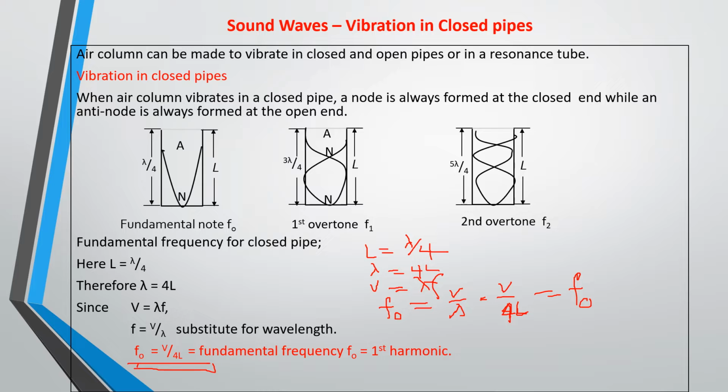Then for the first overtone or second harmonic, the length of the pipe is equal to 3 all over 4 of the wavelength. Okay, so that's what we're going to do in our next slide.